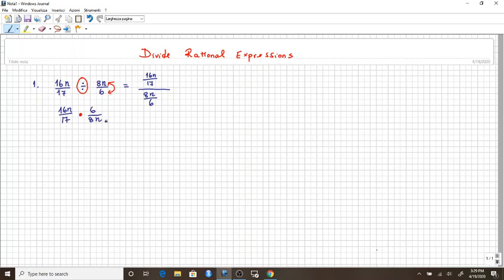Can we simplify this? Yes. n and n simplify as long as n is different than 0. 16 divided by 8 is 2, so this becomes 2, this becomes 1, and we are left with 6 times 2, which is 12 at the numerator, and 17 at the denominator. So we end up with just a fraction with a number.